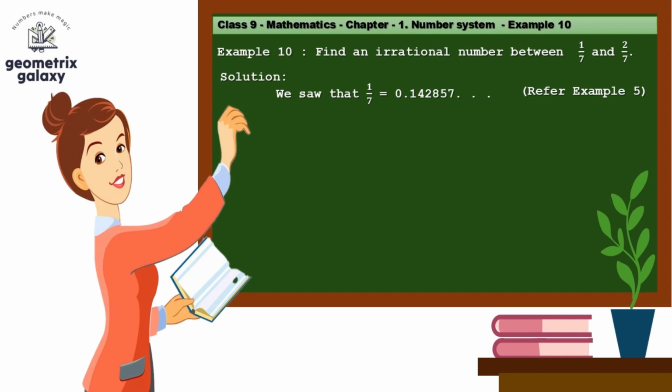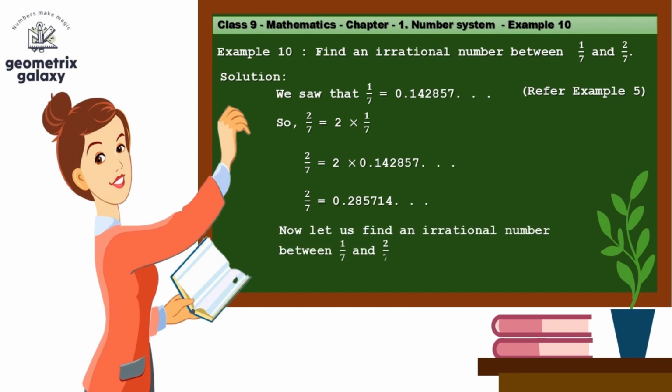We know that 2 by 7 is equal to 2 into 1 by 7. So replace 1 by 7 by its decimal value. So 2 by 7 is equal to 2 into 0.142857. If I multiply by 2, I will get 0.285714.